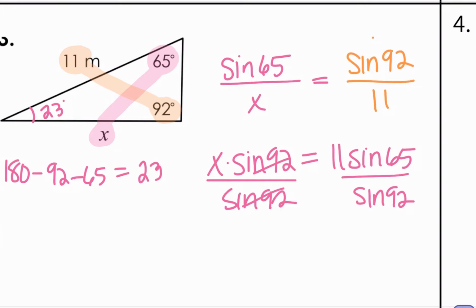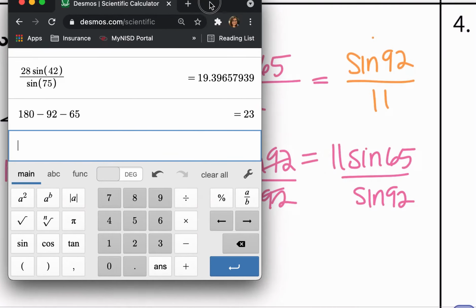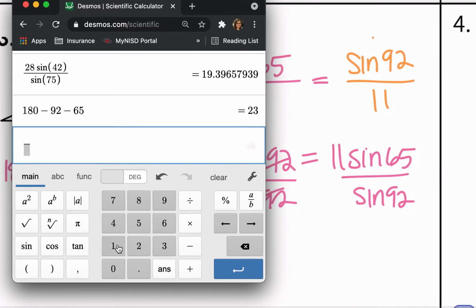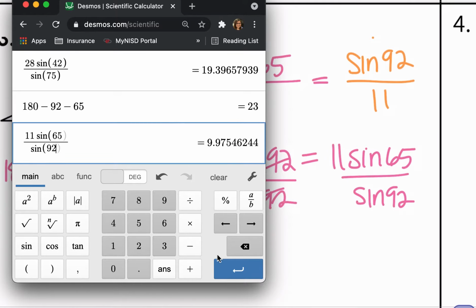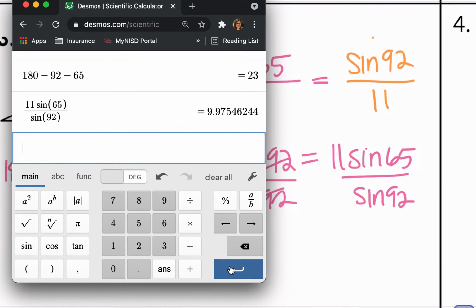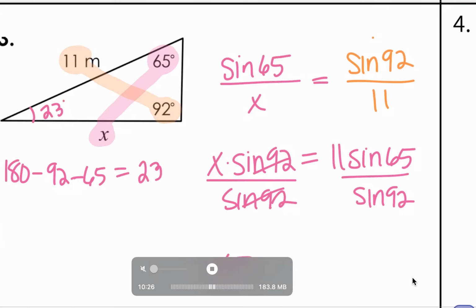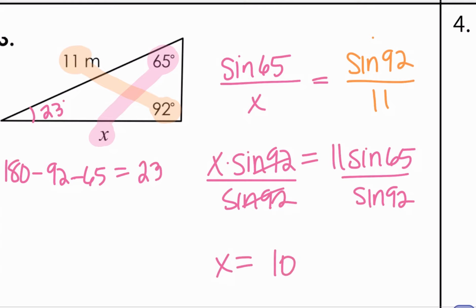That will cancel, and I'm left with x equals, well, now I'm just going to throw all of that into the calculator so I can get a value for it. So 11 sine 65 over sine of 92. So 9.97, if I were to round that to the nearest tenth, I think it's actually going to round to just plain 10. So let's do that. It's just going to be 10. They're measuring in meters.